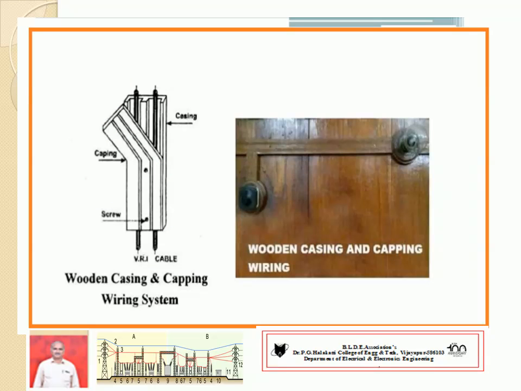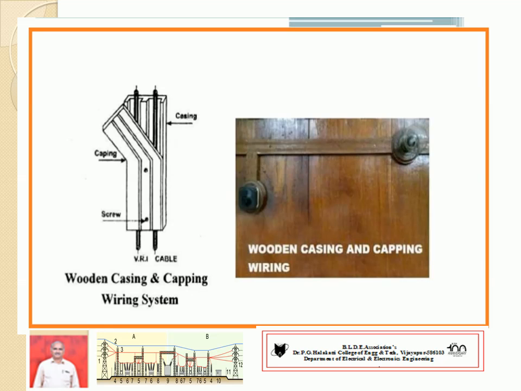This is also another diagram, neatly available, for the wooden casing and capping type. It is the old story. Now such type of wiring is not available. You can view it in old bungalows and old buildings. It may be around 30 to 40 years back. Yes, this is history. Now other options are available, but users are not taking them as the technology changes.